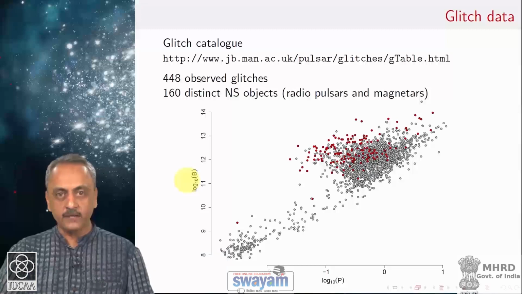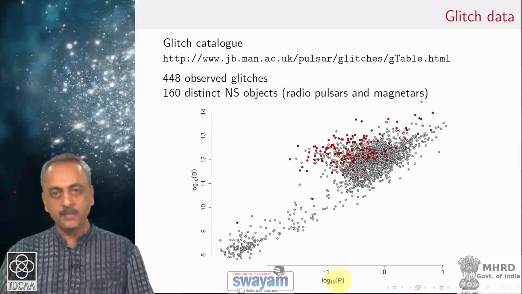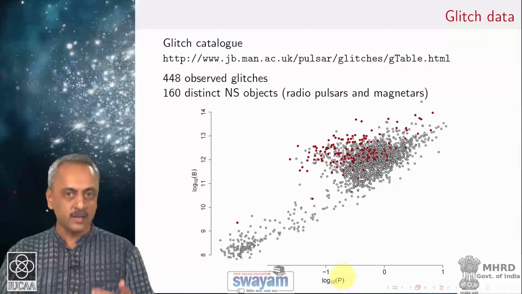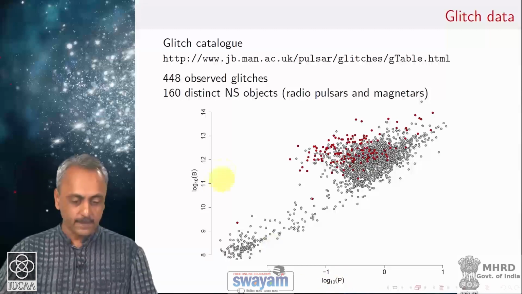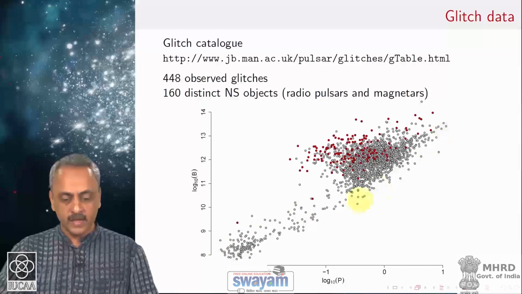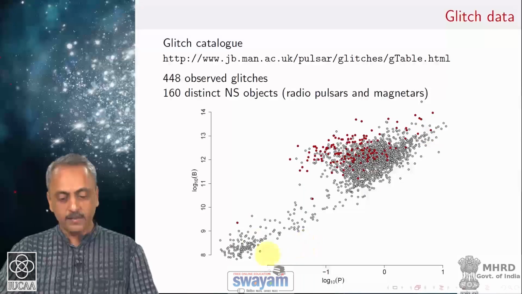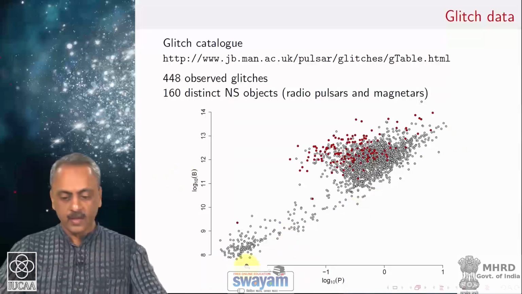This is an inferred parameter based on some physical model that relates the pulse period and the rate at which the spin rotation period changes. So, what you see from a statistics perspective is that there is some sort of a linear relationship between these two quantities, log of the magnetic field versus log of the period. So, in the log scale it looks linear.